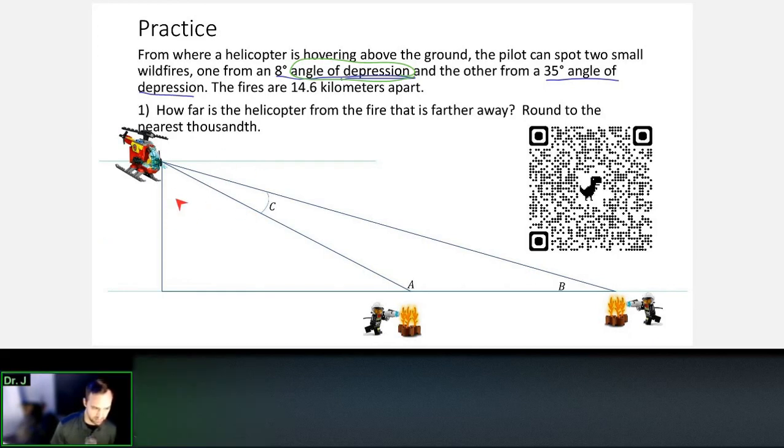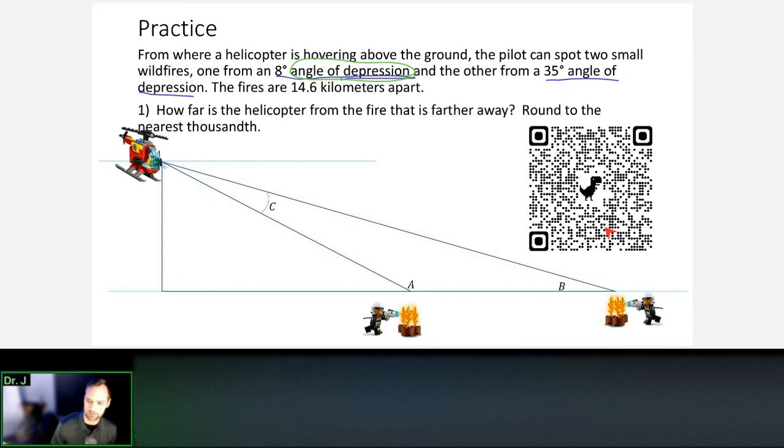Is it talking about the angle from here to here, or from here to here, or all the way over here, which is, I guess, 90 degrees? Be more specific. Still kind of vague. It's not clear to me what you mean.